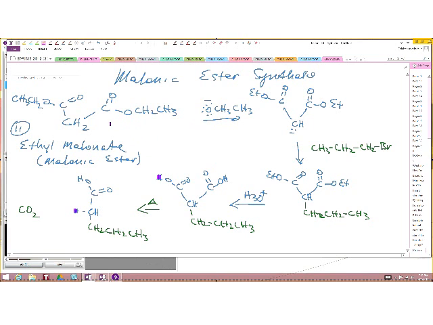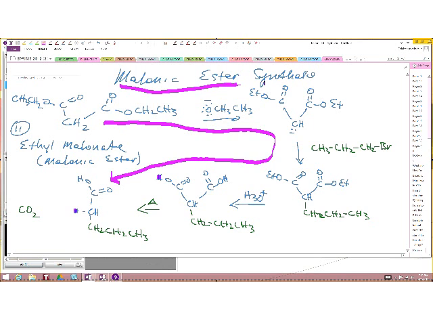So this process here, going from forming the enolate anion, forming the alkylated malonic ester, then forming the dicarboxylic acid, and finally forming this here is what we refer to as malonic ester synthesis. And there is a lot of variation of this reaction.